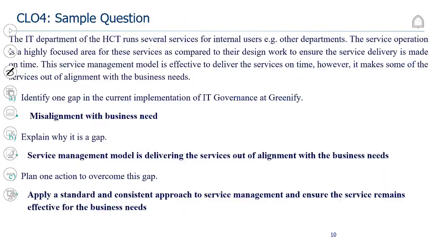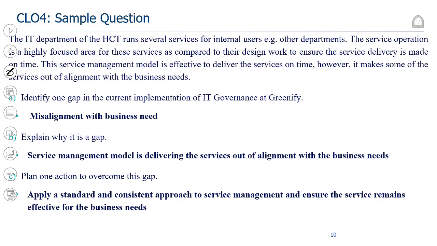So that is it. Let's go for this one here. It's not something that I could actually dwell on, but the CLO4 is where you will find a text and then you'll be asked to identify the gap from the text and explain why the gap is a gap, and then probably explain an action that you can take to overcome it.